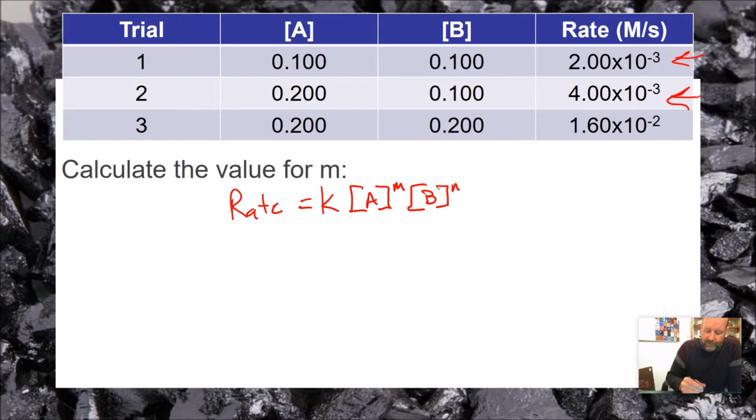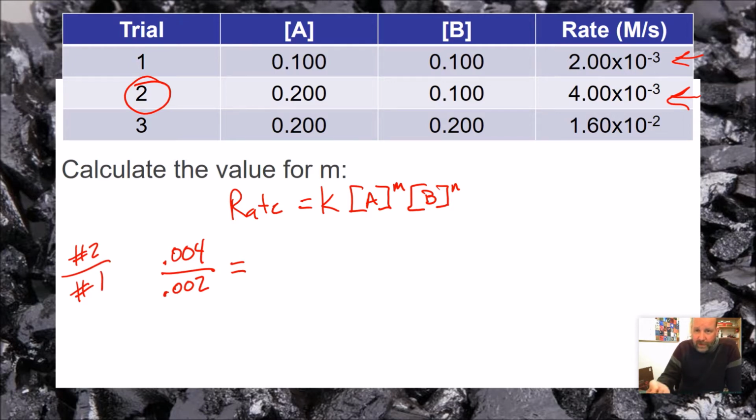It makes more sense. Mathematically, it allows things to happen more quickly. So I've got 0.004, that's 4 times 10 to the negative third, over 0.002 equals, so like I said, I'm doing trial number 2 divided by trial number 1.